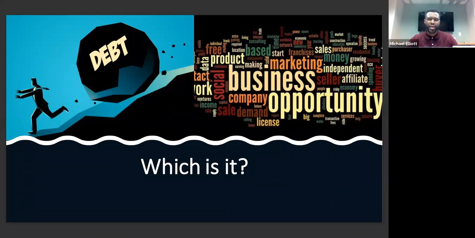Now, a lot of folks look at debt as a bad thing, as something you want to run away from. But to a developer or an investor, many of them look at it as a business opportunity. And we're hoping that through today's lesson, you're a little bit more encouraged to take on debt, knowing that it's going to be used to leverage greater business opportunities down the road.